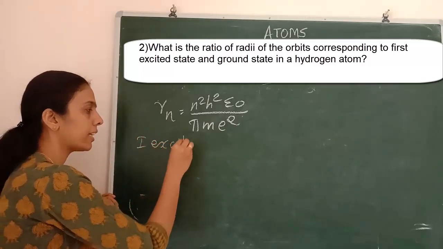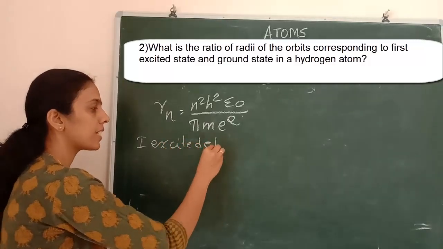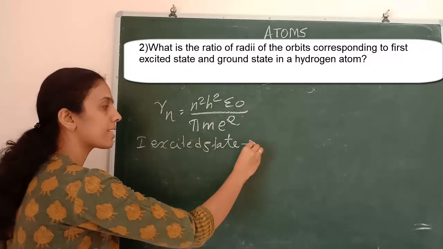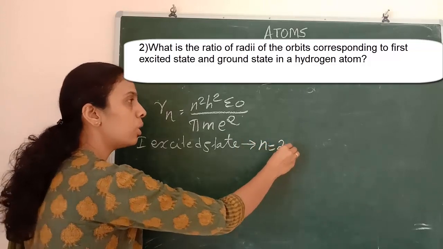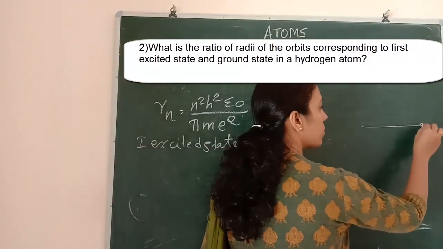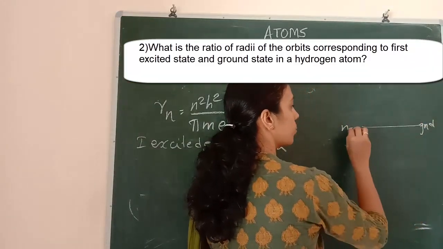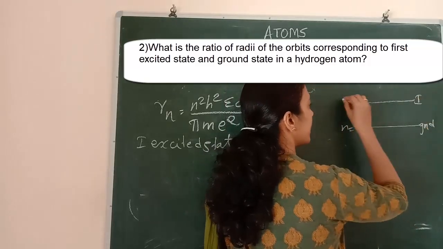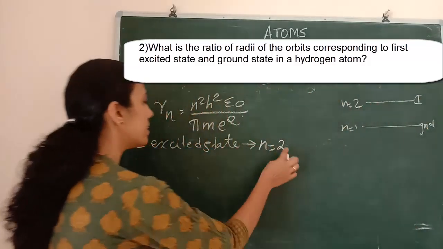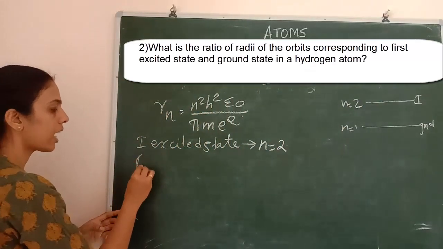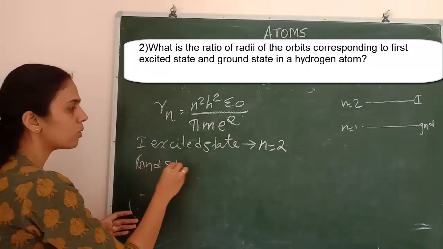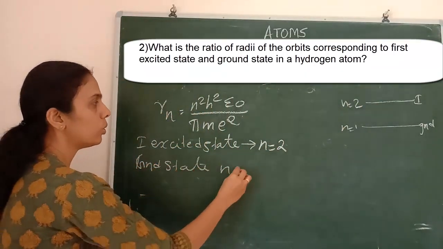When I was explaining, I told you what the first excited state is. First excited state means n is equal to 2. Ground level is n equal to 1. So in the first excited state n is equal to 2, and in the ground state n is equal to 1.